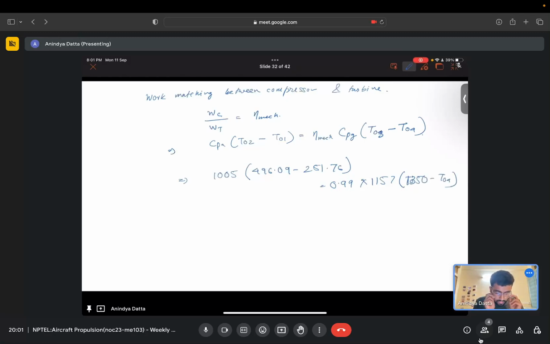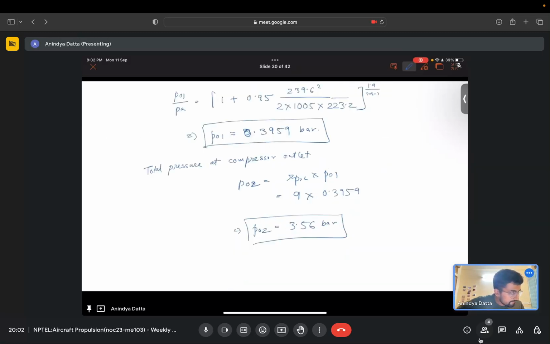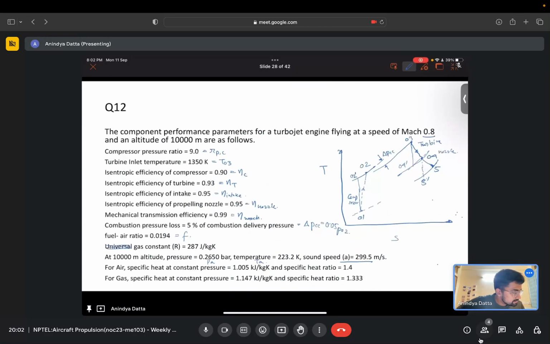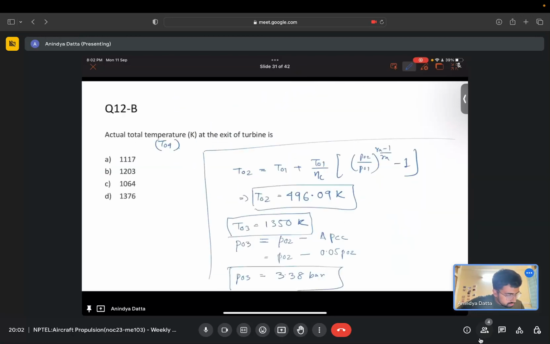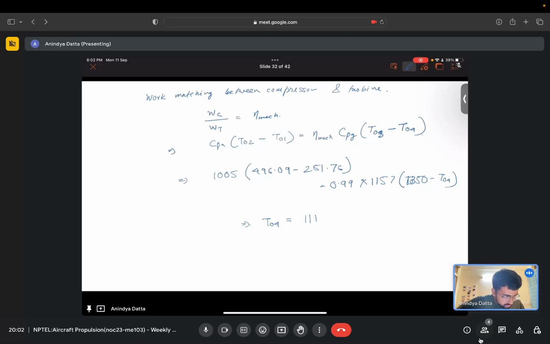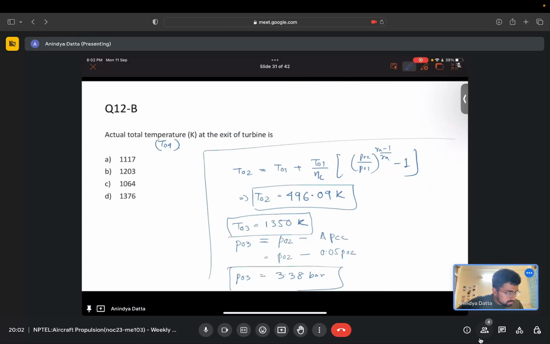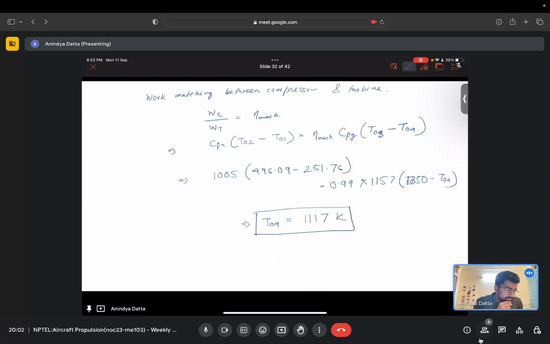If you solve this, T04 will come out as 1117 Kelvin. So this is our actual total temperature at the nozzle exit. This is how we do the work matching between the compressor and the turbine.